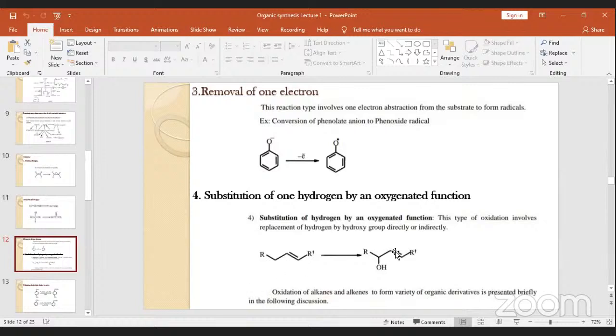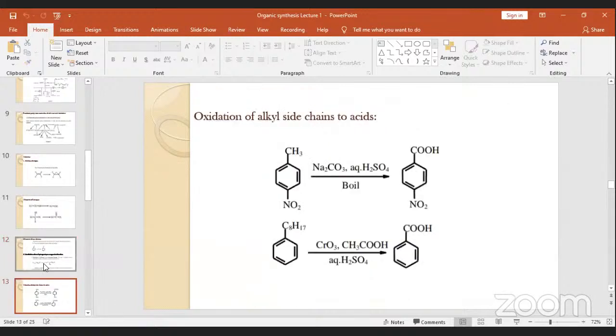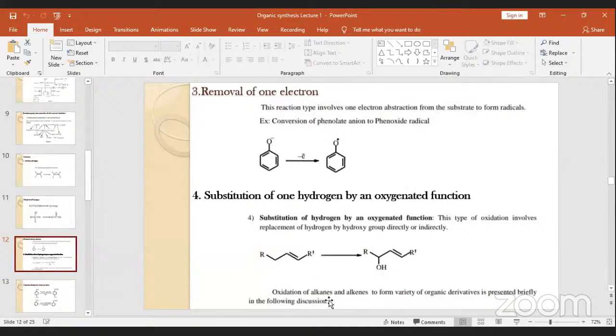So what do you get? Allyl alcohol. Simply adding water to an alkene gives alcohols, but if you do allylic hydrogen replacement by a hydroxy group, we get allyl alcohols. This is known as allylic oxidation, and it is also a very useful synthetic reaction. So oxidation of alkanes and alkenes forms a variety of organic derivatives.